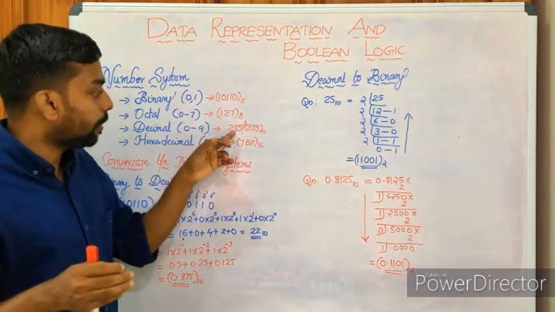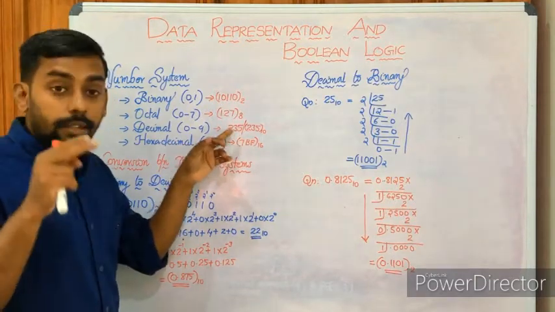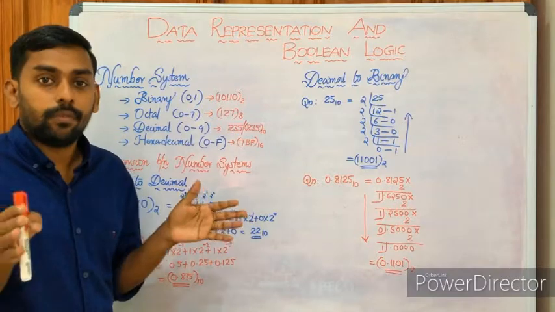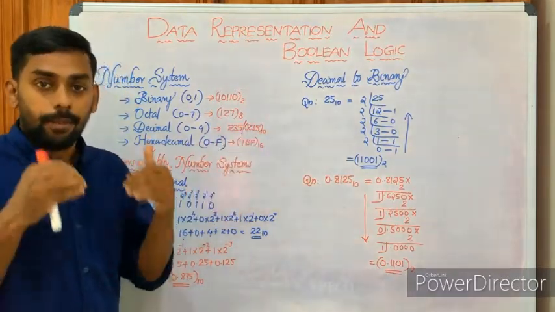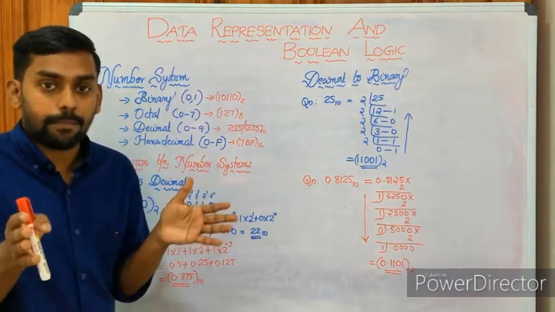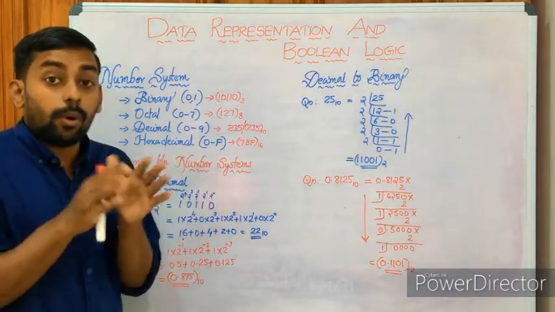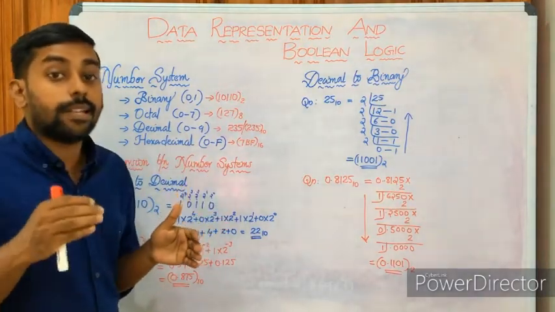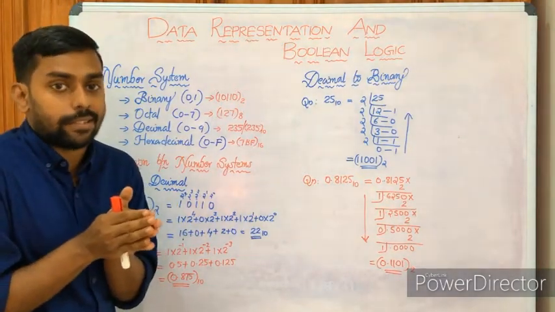Sample number 235. Either you can write 235 without base, or you can write 235 base 10. Both are same because this is the default number system. When you write a number without any base, it will be taken as a decimal number. But in all other number systems, you'll have to specify the base.